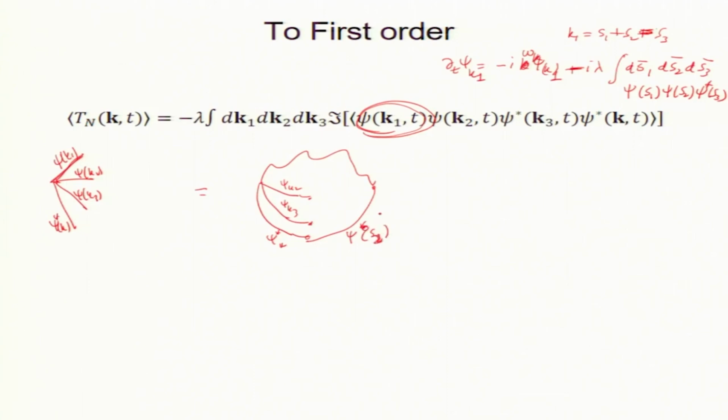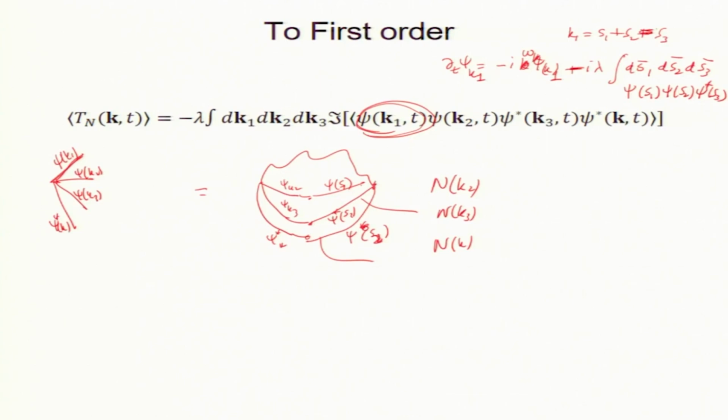This complex conjugate, well, I can manage it, but psi s2, and this one is going as psi star s3, and this is psi s1. So, basically I am going to put them together, and the wave numbers must match. Okay. So, we will get 3 correlation functions or 3 particle density functions, correct. I mean this is particle density nk2, here I get nk3, and here I get nk, correct.